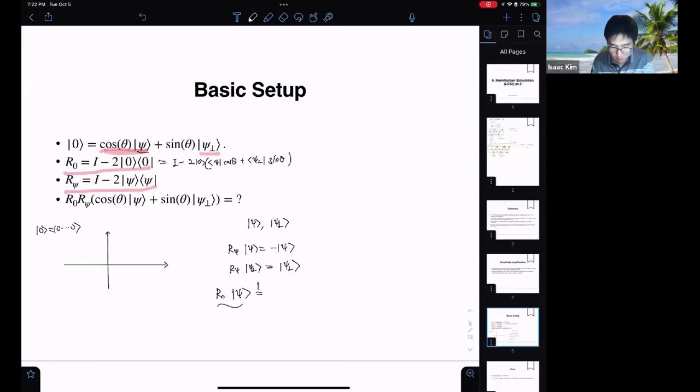So if we apply this R0 to this state, then we get this.